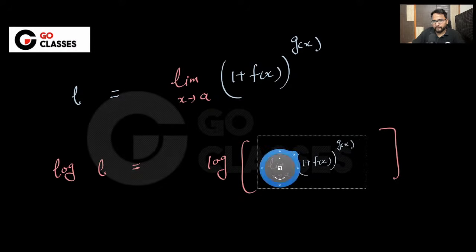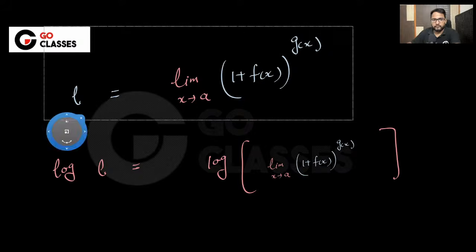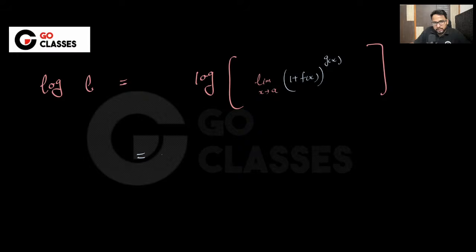Now tell me, can you put this limit outside of this log? I think we can put it. As I told you, you don't need to worry about this much in moving the limits. So you can definitely put this limit outside of the log, which means that you can say this is limit x tends to a of log of (1 plus f(x)) power g(x).